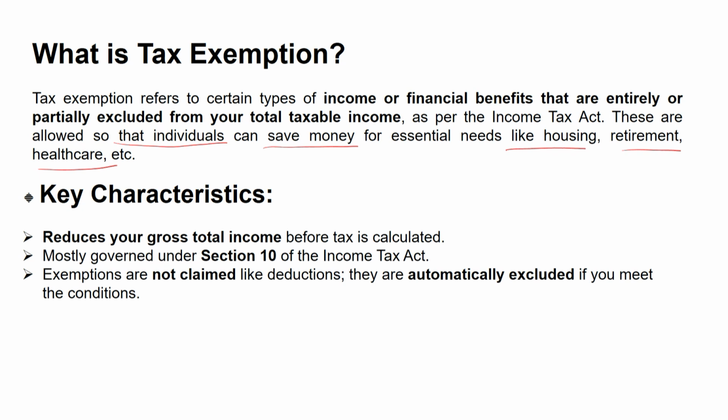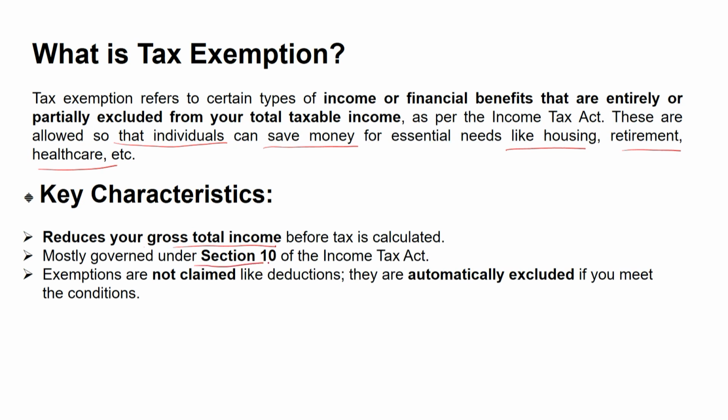So the key characteristics of tax exemptions are: it reduces your gross total income before the tax is calculated. Suppose your income is 10 lakh rupees and you get an exemption on a particular income of rupees 50,000, then your total income for the calculation of taxes will be 9,50,000 rupees, that is 10 lakh minus 50,000 rupees.